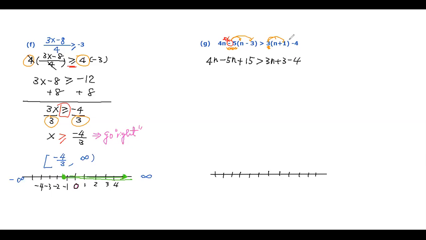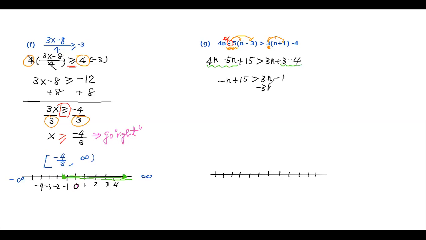Okay, so now that's good. Let's try to combine a little bit. Here, this is 4n minus 5n. So how many n? Negative n plus 15 here, greater than, this is 3n. And here, this is 3 minus 4. What is here? Minus 1. Okay, so then I need to combine.